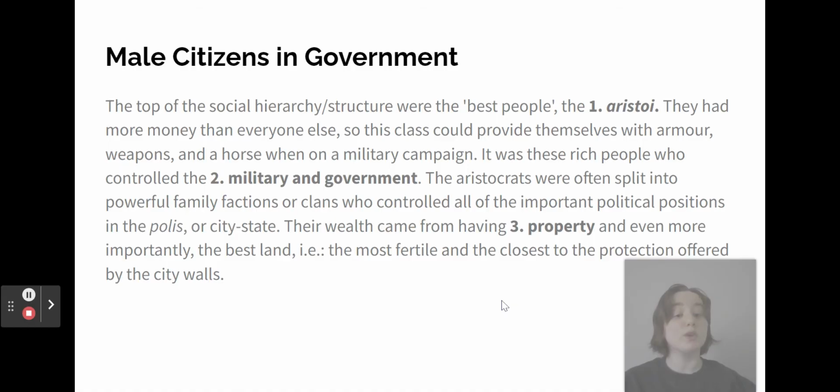The aristocrats, which is just another word for rich people, were often split into powerful family factions or clans who controlled all of the important political positions in the polis or city state. Their wealth came from having property, and even more importantly, the best land in the city states, which meant it was the most fertile and the closest to the protection offered by the city walls. Because remember, every single city state had walls around it to protect itself. So your first three blanks are aristoi, military and government, and property.